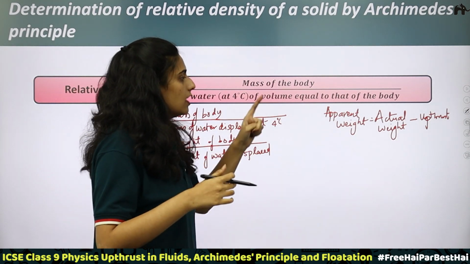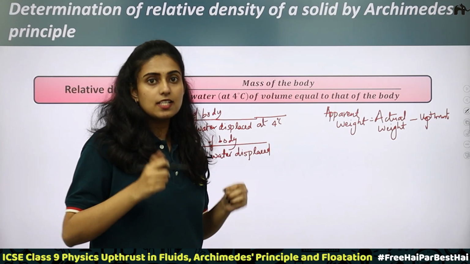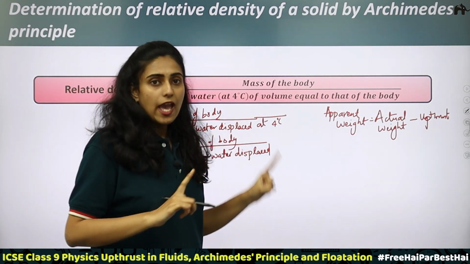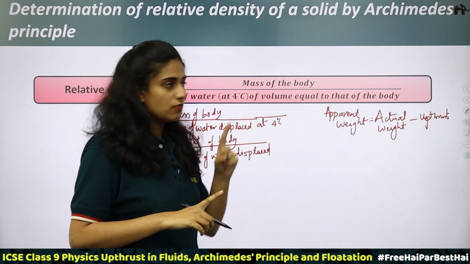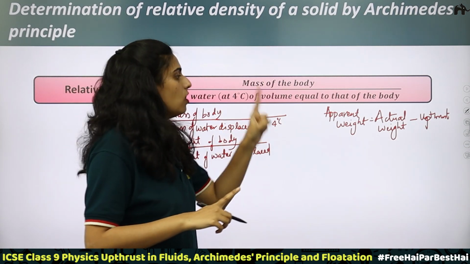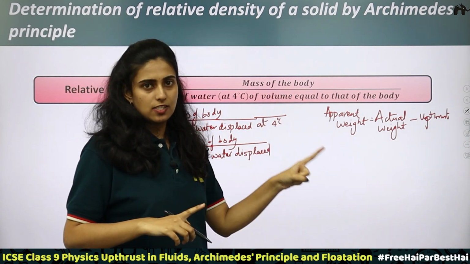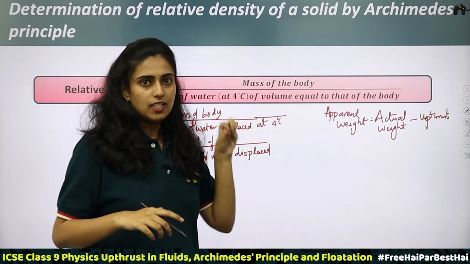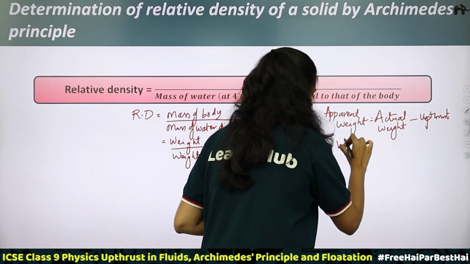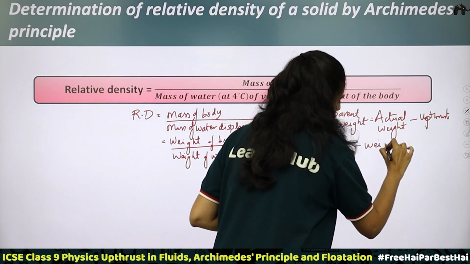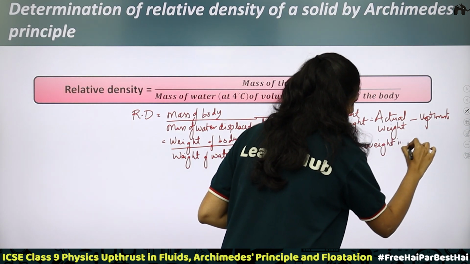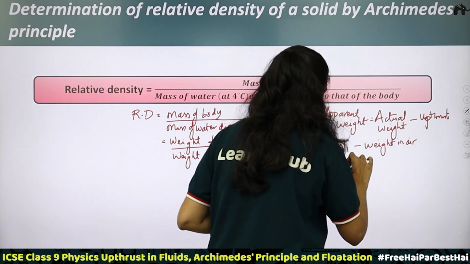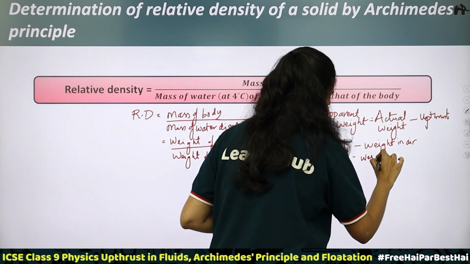Here you can find the upthrust: upthrust is equal to actual weight minus apparent weight, from which apparent weight is equal to actual weight minus upthrust. When you weigh an object in air, let's say the weight is W1, the weight in air. W2 is the weight in water.